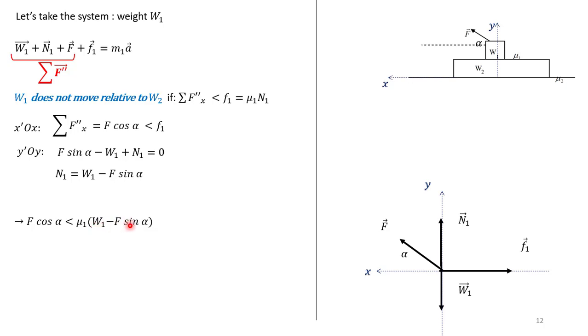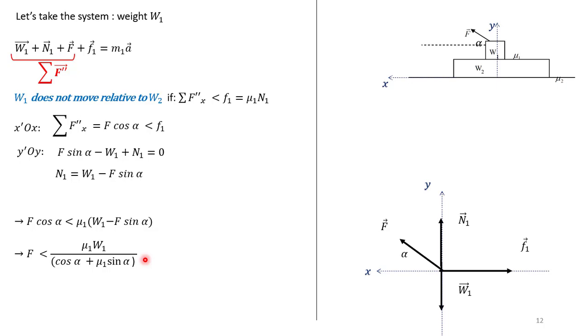And here again, we notice that F figures in this term and in this term, so we take it as a common factor and we isolate it. So we can find easily that F is smaller than mu1 W1 over (cosine alpha plus mu1 sine alpha). And this is the second inequality that we have to prove.